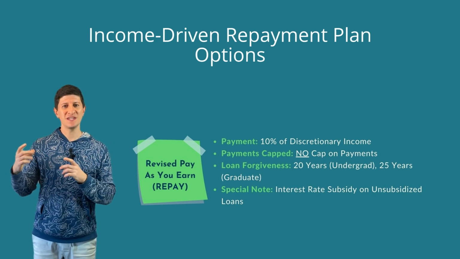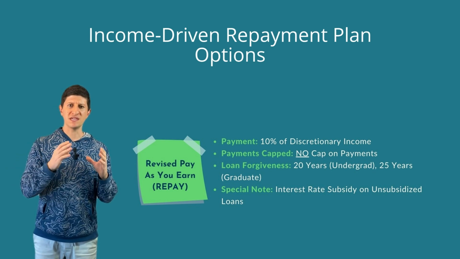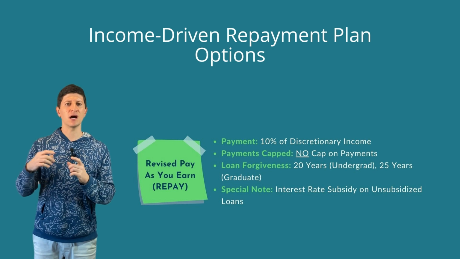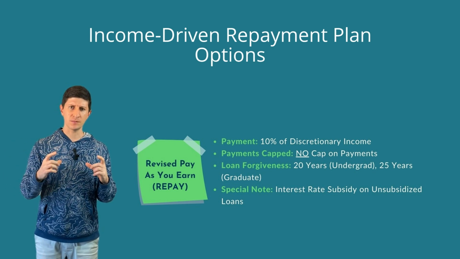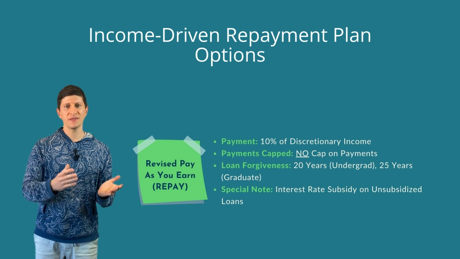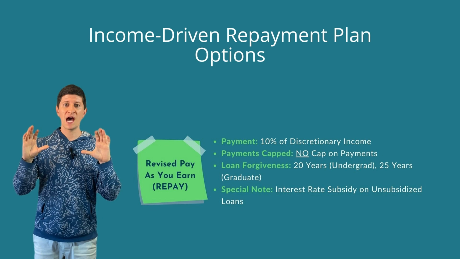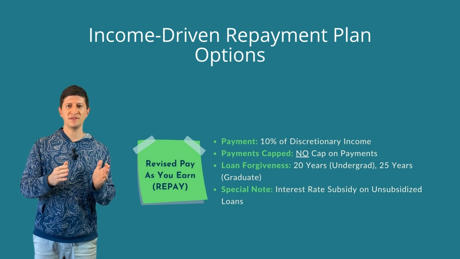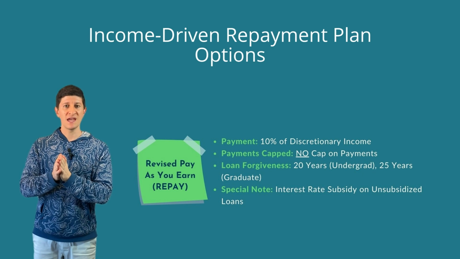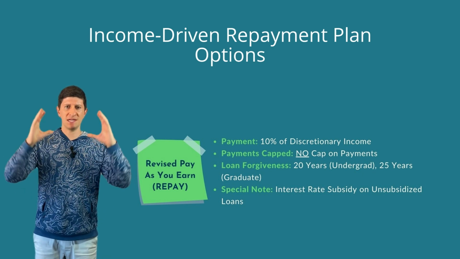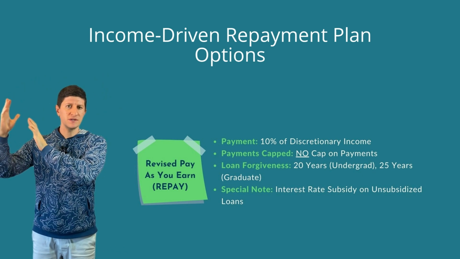And the special feature that is unique to REPAYE is around the interest subsidies for any unsubsidized loans. And how that works is with an income-driven repayment plan, your monthly student loan payment is based off of your income. However, if we were to calculate the interest owed every month on your student loans, that is calculated by taking your student loan balance and multiplying it by the interest rate.